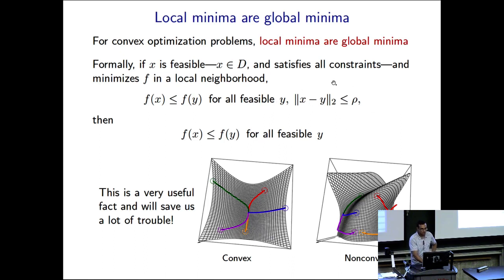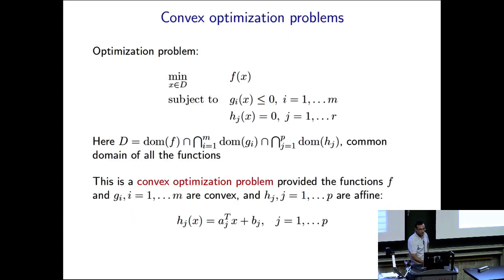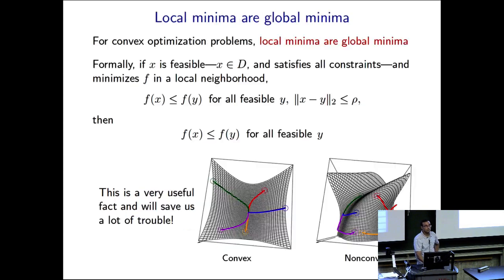So this just means, if I'm at x and I look at an L2 ball of radius rho, all the points in this ball have the property that the L2 distance between x and y is less than or equal to rho. That's this property here. I look at all the points in this ball that are feasible from an optimization problem, which means that they satisfy these constraints and they're in that domain. Then x wins in terms of the criterion value.